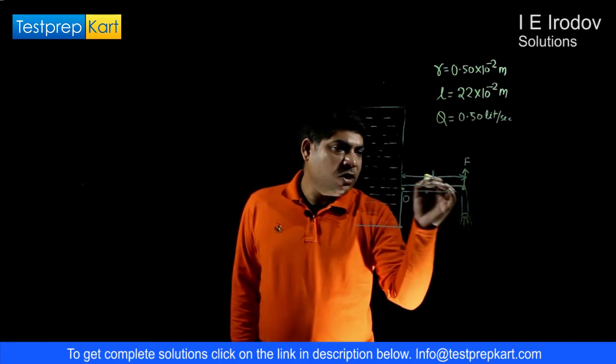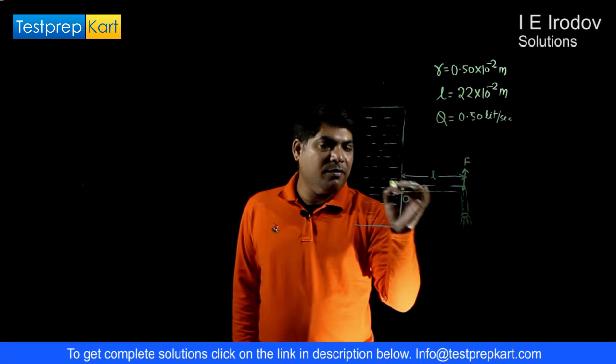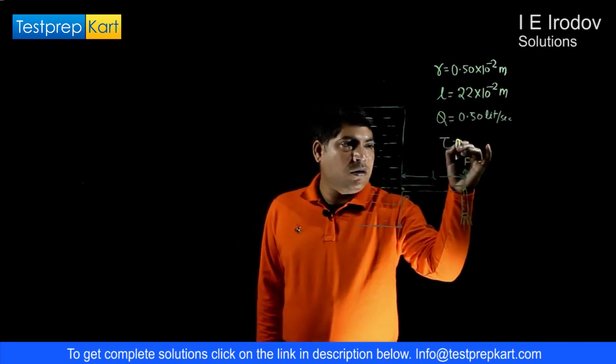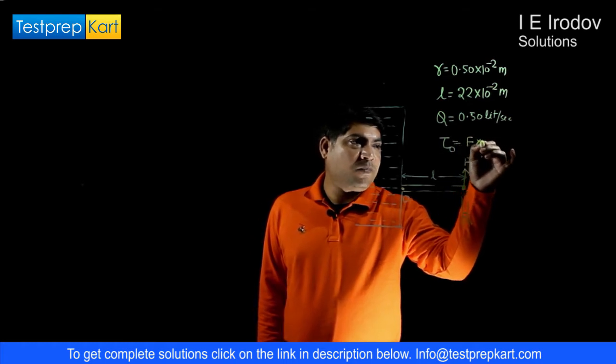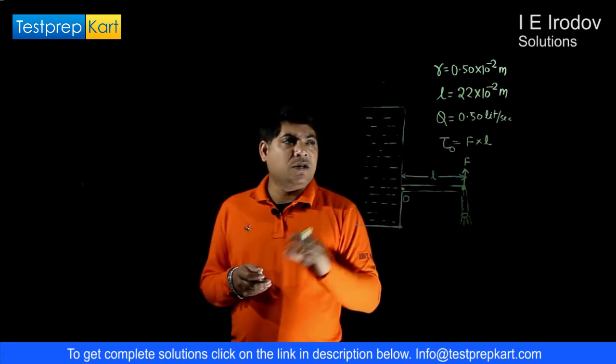The line of action of this force is a distance L away from point O. So if we calculate the moment about point O, it would be F multiplied by L.